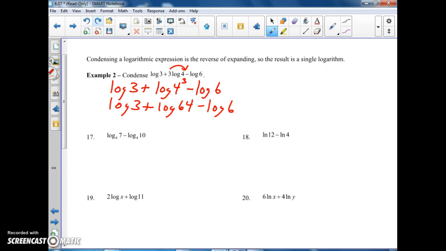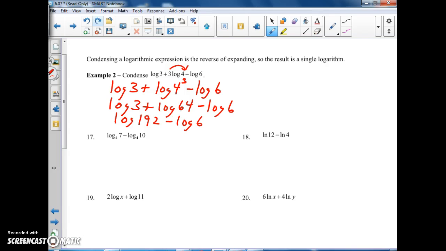Left to right, normally. So we're going from left to right. Log 3 plus log 64 means log of 3 times 64. So what's 3 times 64? 192. We're going to write down log 192 minus log 6.